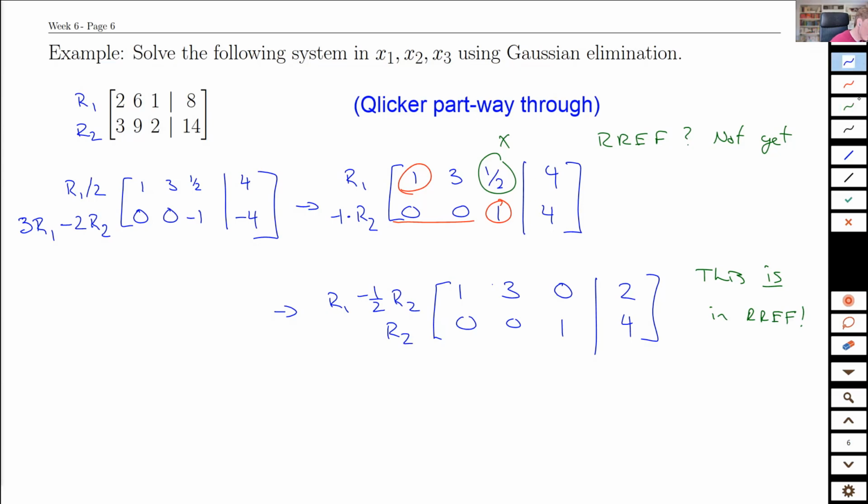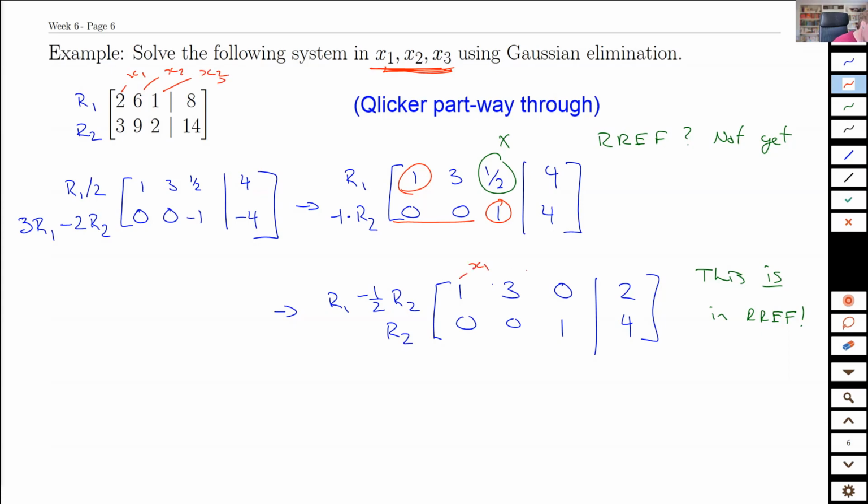And we can read off our solutions here with a slight change of notation. We are told in this particular instance that the variables these coefficients represent are not x, y, z, but x1, x2, and x3.